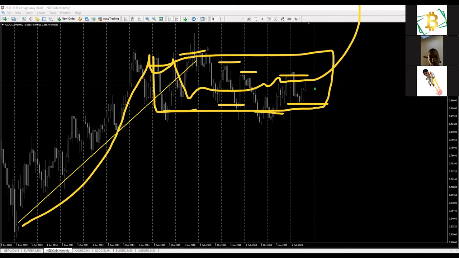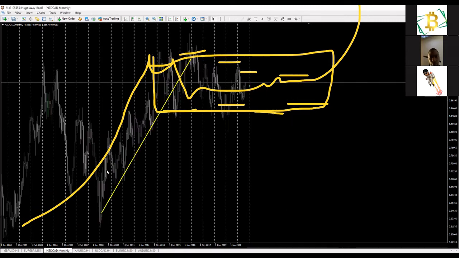What we're seeing is a level one that was created. This is the monthly time frame, so of course this is a huge swing. This swing happened from 2007 all the way up until 2013. Then we've been consolidating here for the past 5 years, as you can see right here.